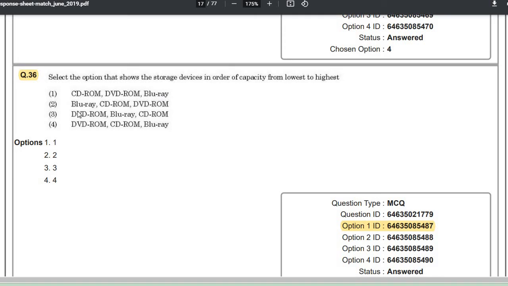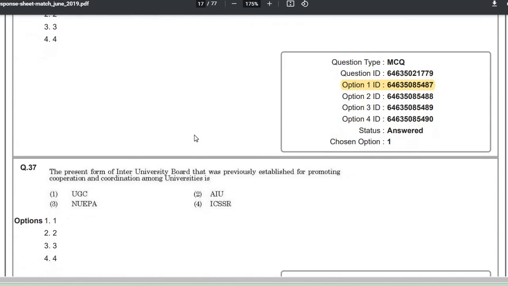Blu-ray is the latest technology, and DVD-ROM is also one of the latest as compared to the CD-ROM. So CD-ROM is the lowest. Option 1 is the correct answer: CD-ROM, DVD-ROM and Blu-ray is the correct sequence from lowest to highest for question number 36.